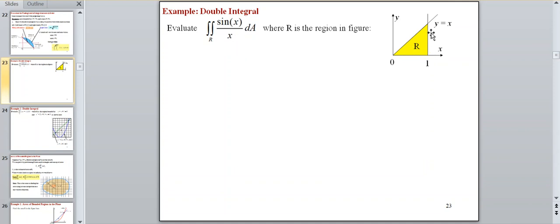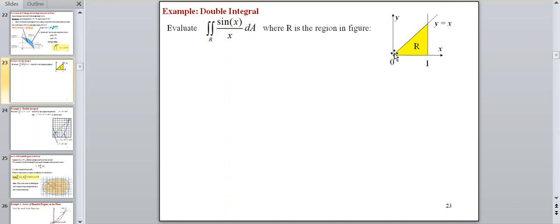Okay, look at region R. You may describe the region R, for example, in the form of case 2. When we say in the form of case 2, look at here. Here x is 1, so here y is 1.